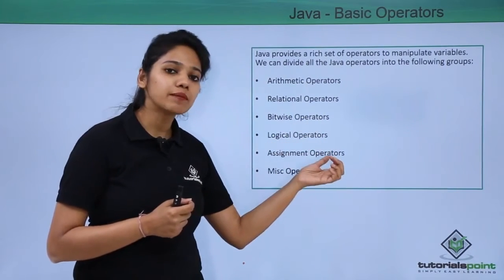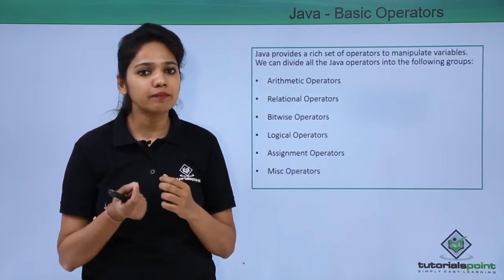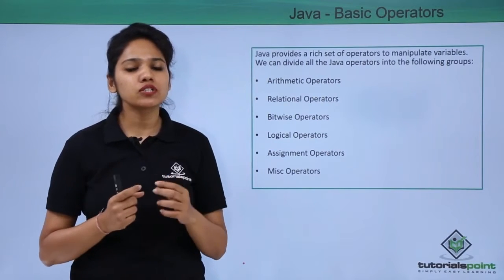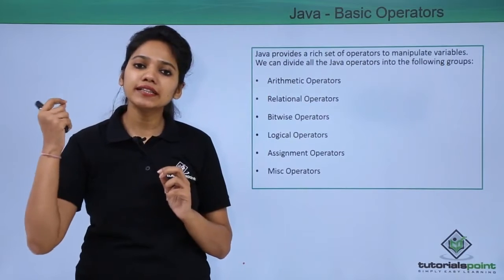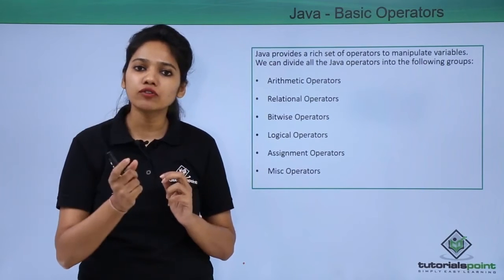Then there are assignment operators. What are these assignment operators? Assignment operators normally have two operands, where it calculates using the right operand and the left operand and then assigns the result to your left operand.